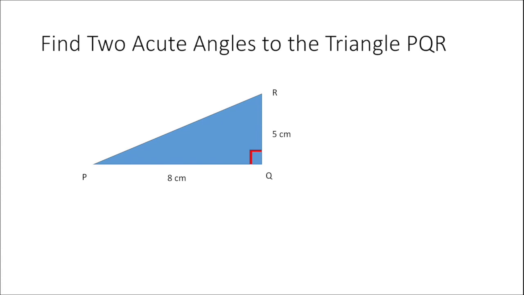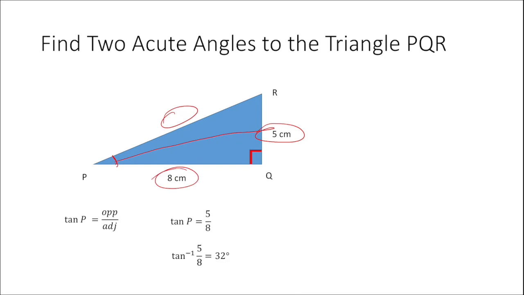So we can apply this. We all know we can find this side with the Pythagorean theorem, but how do we find this angle? Well, we can use our tangent ratio: tan of P equals opposite over adjacent. What's the opposite? 5. What's the adjacent? 8. So 5 over 8.